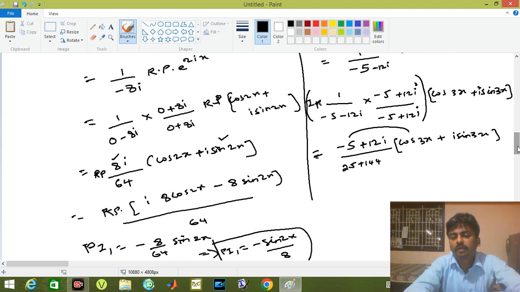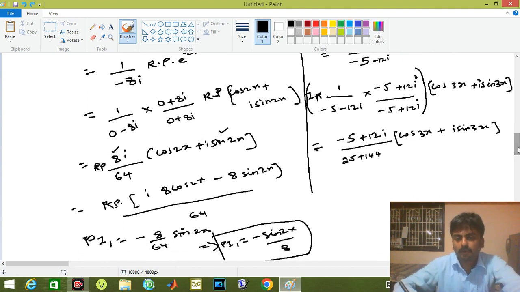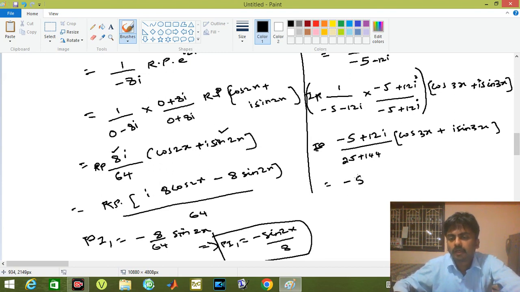They are only asking for the imaginary part. If you multiply everything, you will get minus 5. It is not necessary to multiply, but if you want to you can; I shall tell you one easiest way. Minus 5 into sin 3x and 12 into cos 3x.